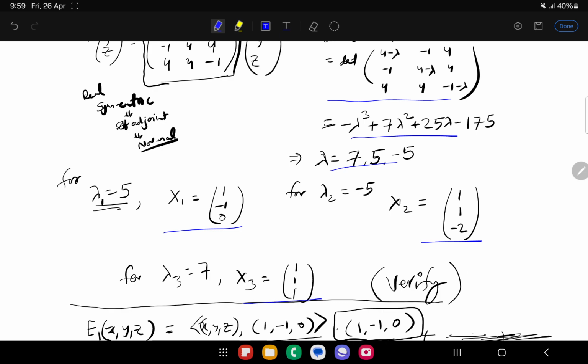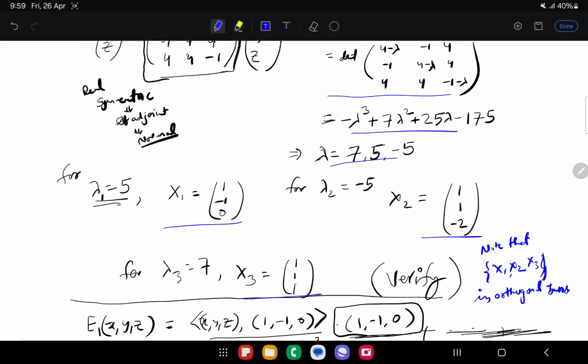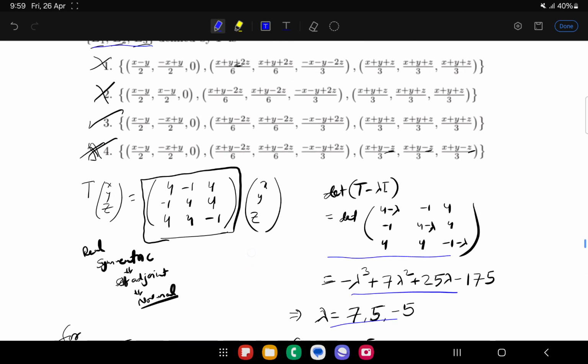Verify these things, calculate them, and note that x1, x2, x3 is orthogonal basis. Basis of eigenvectors. So T is in fact diagonalizable.